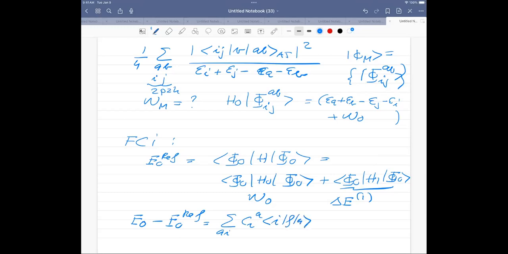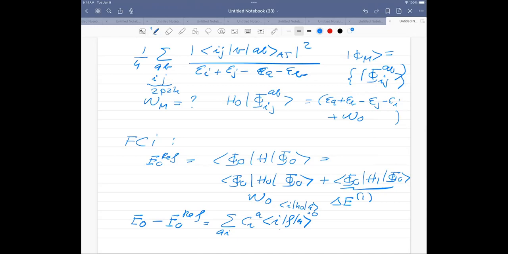Remember that since we have used an orthogonal basis, the H0 term is 0. So when I look at this term, I have i H0 a, and that is 0 because we have assumed that the basis is orthogonal.